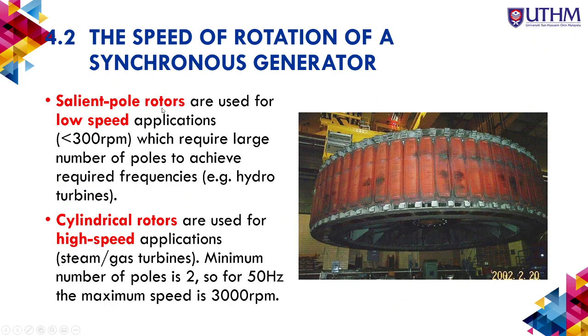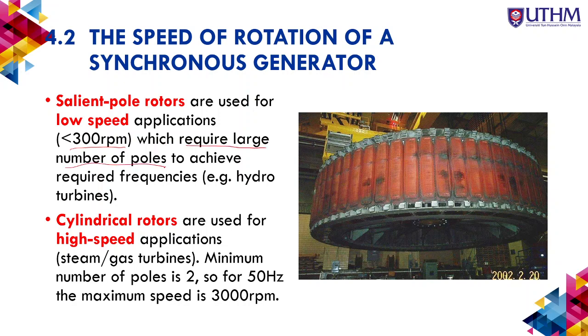So this is the general understanding, general knowledge about the poles. We have a salient pole and also the cylindrical pole rotor. The salient pole is used for low speed applications, so less than 3000 rpm, which requires a large number of poles.